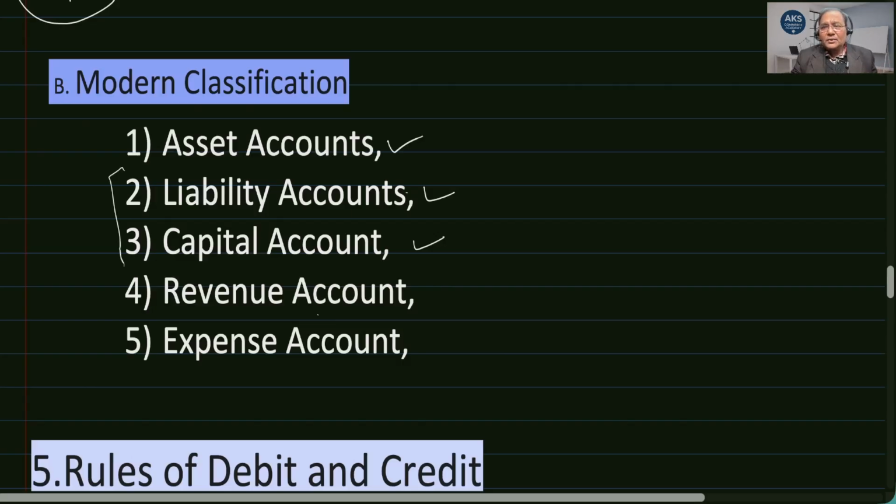Everything incurred to run the business with efficiency is called expenses. So I hope this modern classification is clear. The name itself gives you a bigger understanding of what it is going to be.